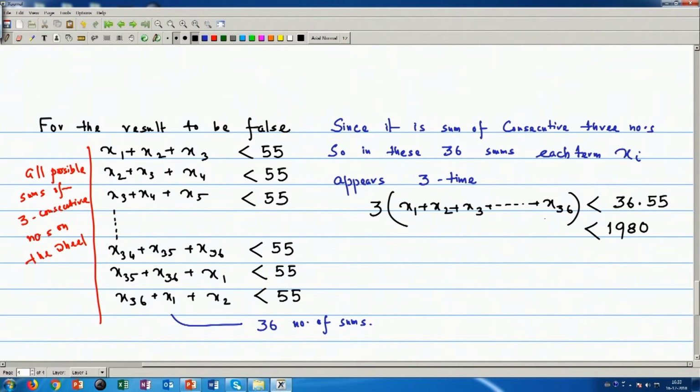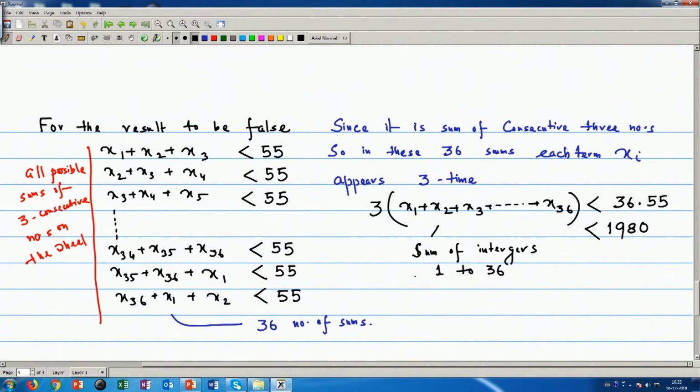Now, what is this x1 to x36? These are the integers 1 to 36, only printed in a different order, but when we take the sum, whichever way we take it, it is actually the sum of integers 1 to 36, and that sum is n into n plus 1 divided by 2.